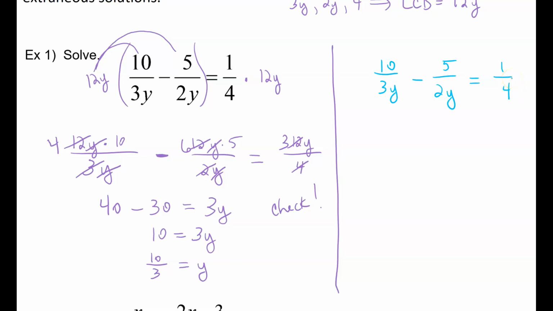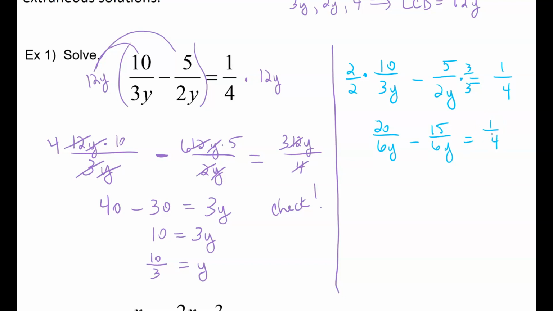What is the least common denominator? 6y. So I need to multiply this one by 2 over 2 and this one by 3 over 3. That gives me 20 over 6y minus 15 over 6y equal to 1/4.